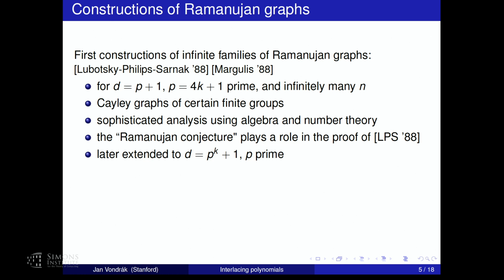This comes out of an algebraic construction, a Cayley graph of some finite groups defined in terms of matrices. And the analysis is complicated. It uses algebra and number theory. It's sophisticated. The name of Ramanujan comes up because the Ramanujan conjecture, a number theoretic statement, comes up in the proof of Lubotzky, Phillips, and Sarnak. Later this was extended to prime powers plus 1, but not all possible degrees.